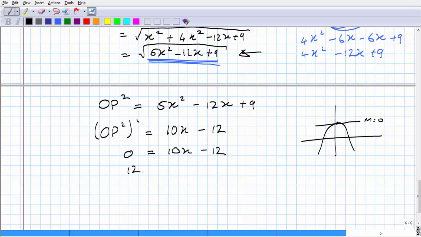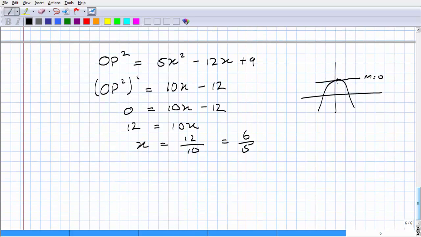Take that across, 12 equals 10x, x equals 12 divided by 10, which is 6 over 5. So we've now got our 6 over 5, and that's our x value. That is the maximum. So effectively we found this. 6 over 5.